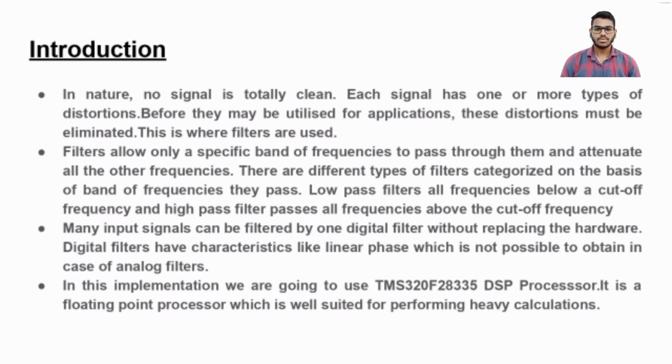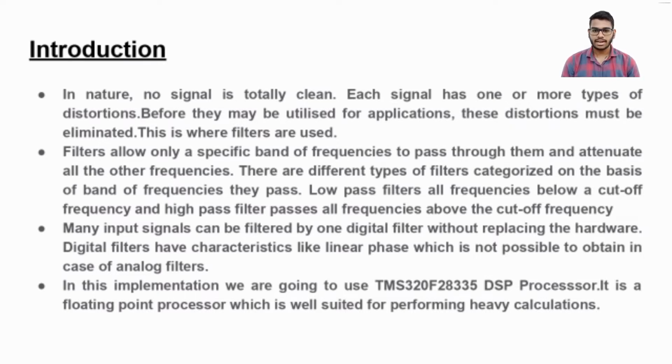There are different types of filters categorized on the basis of band of frequencies they pass. Low pass filter passes frequencies below the cutoff frequency, and high pass filter passes all frequencies above the cutoff frequency. Many input signals can be filtered by one digital filter without replacing the hardware.